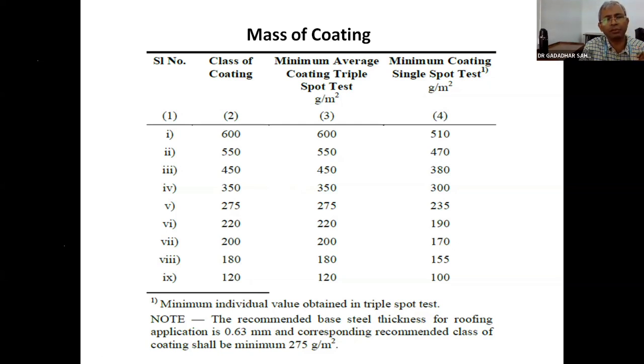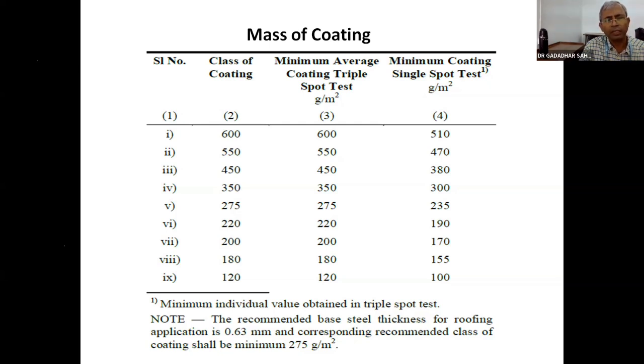I am showing you the 2018 specification. Previously it started from 80 GSM onward. Now it has been recommended to increase the coating thickness, so it starts from 120 GSM up to 600 GSM. We also have 275 GSM, and we have produced up to 600 GSM here.